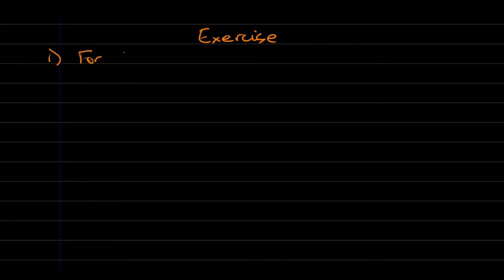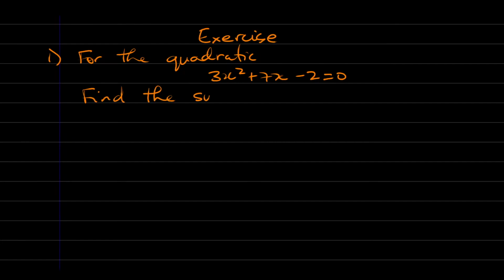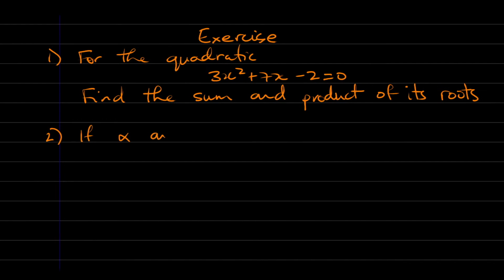So for the quadratic 3x squared plus 7x minus 2 equals 0, find the sum and product of its roots.